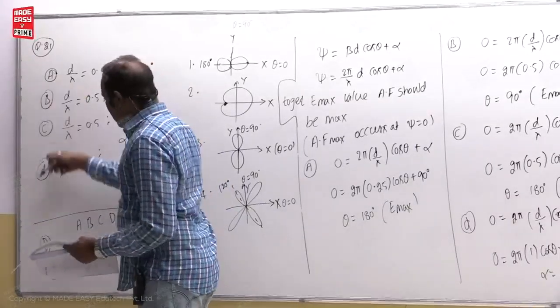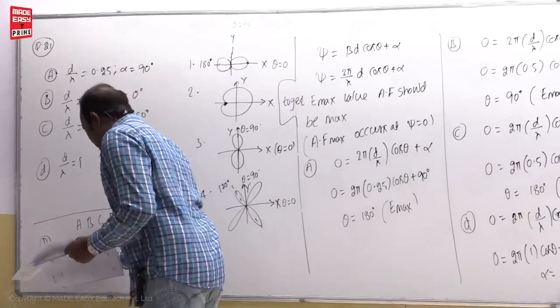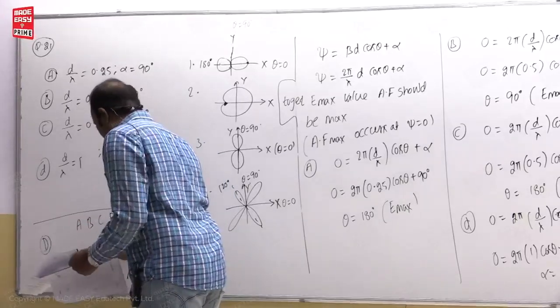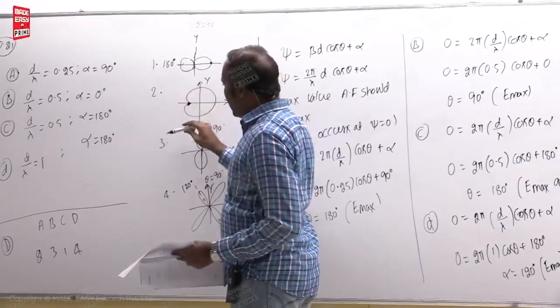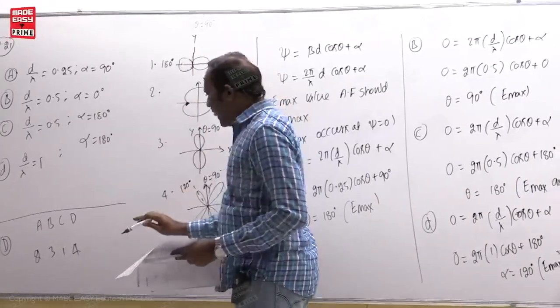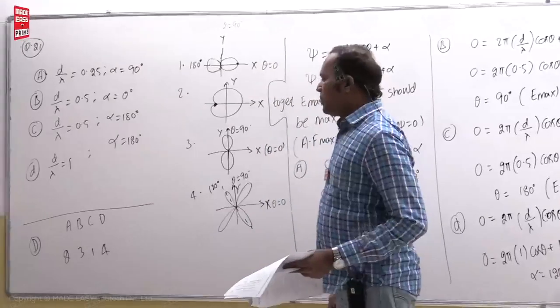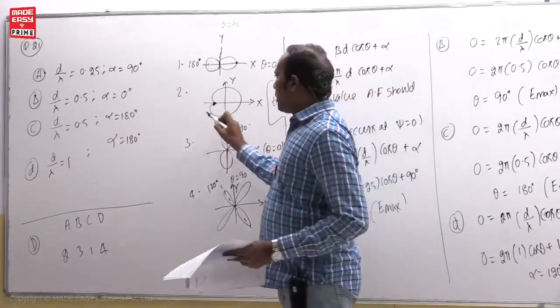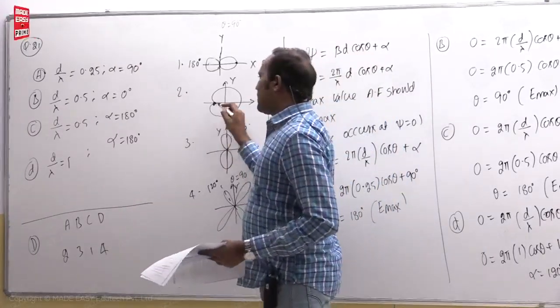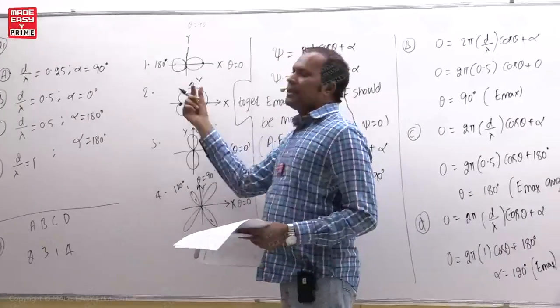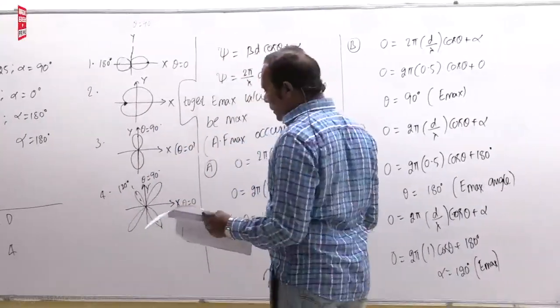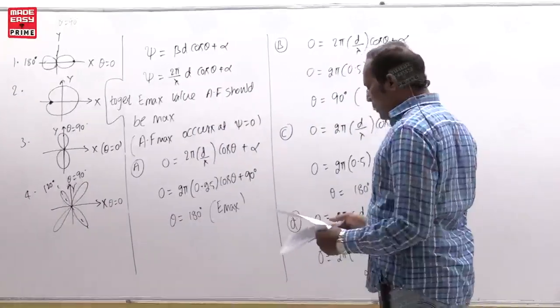ABCD matching with 2, 3, 1, 4. 3, 1, 4 are clearly visible to you, but you have doubt in 2, but you have to compromise, nothing to do. Even though the maximum is not there, some value is there. That is the way you have to solve this question.